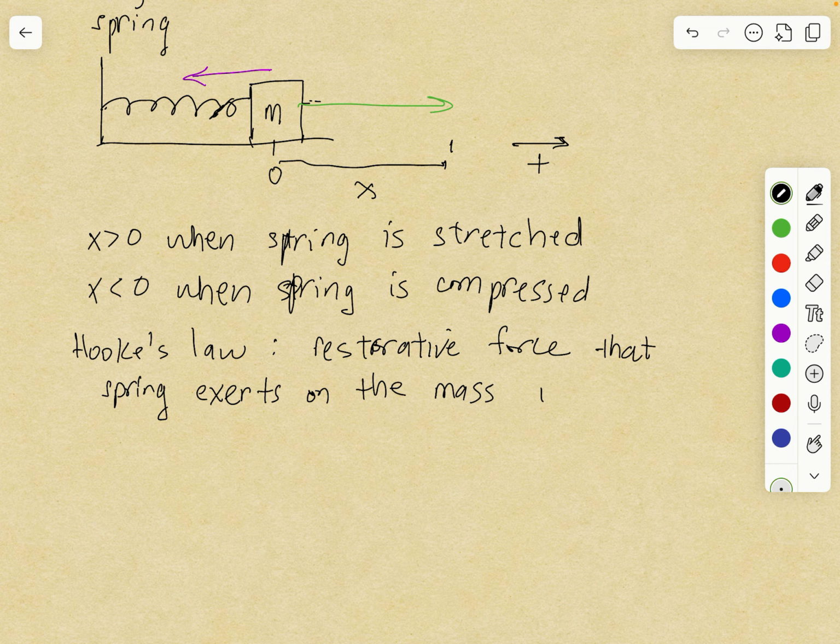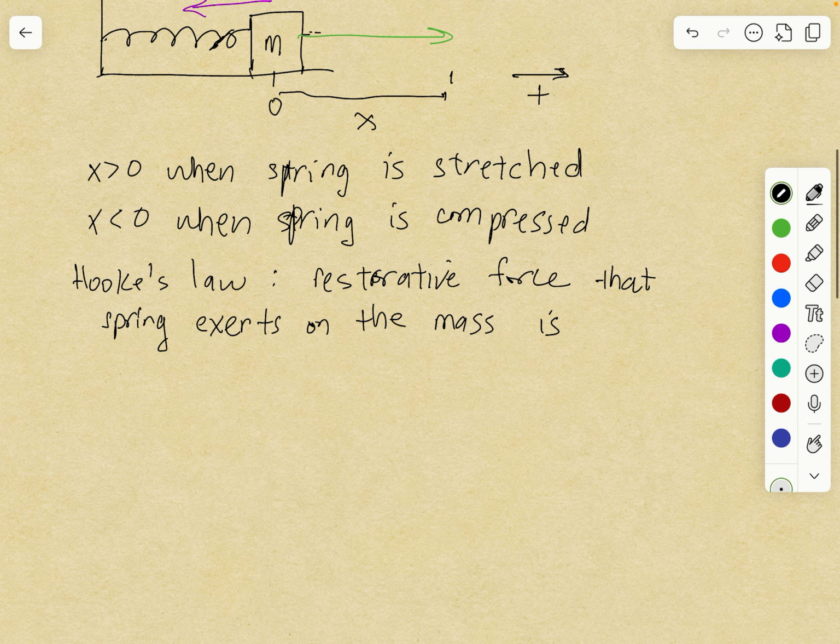And this restorative force, let's call it F sub S, S for the spring, is in the opposite direction of the direction in which you're moving the object, and it's proportional to x. So it's negative kx for some positive constant k.